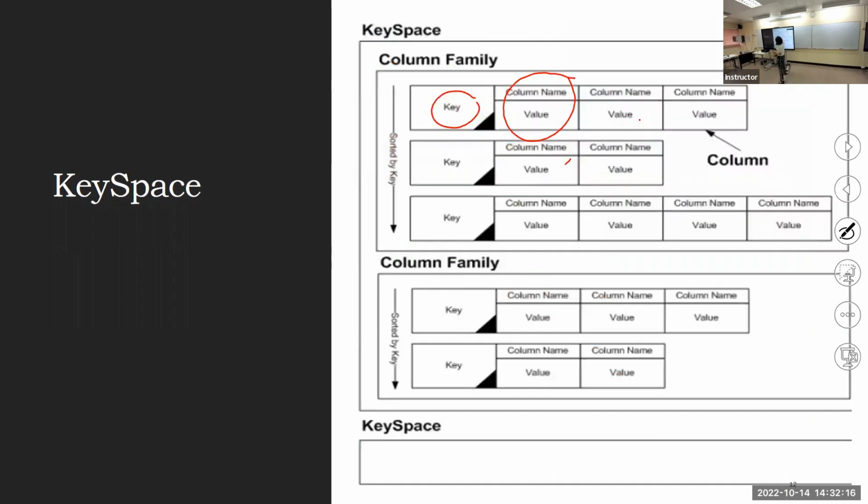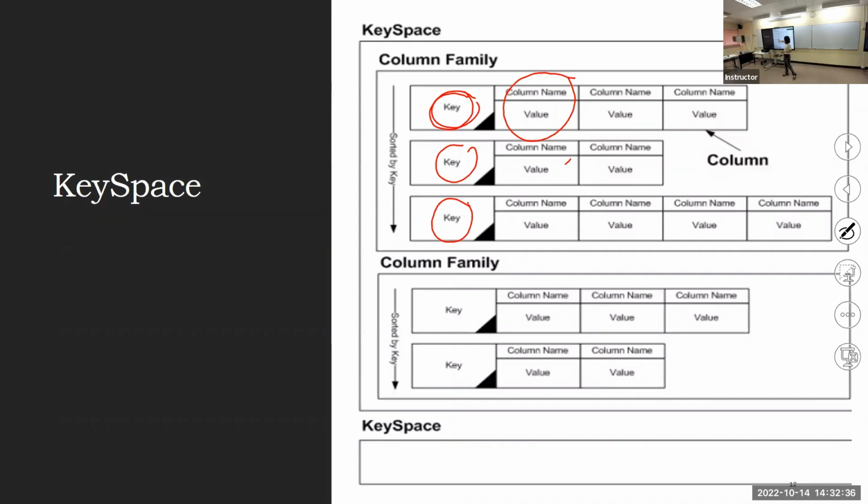Okay, so as I said, if I zoom in, you could see that there's a row key, number 1, number 2, and so on. Each of the rows would be associated with different or the same column name and value, and so on.